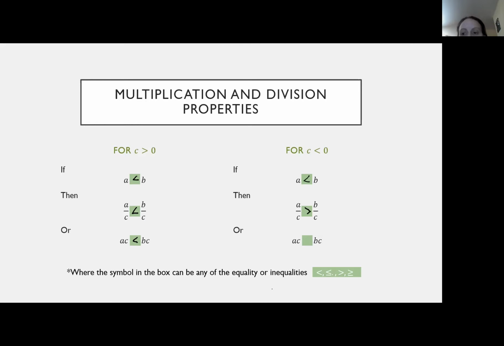And the same thing when you're multiplying both sides, it reverses direction, so it becomes a greater than. So you can multiply and divide both sides by a number, but you have to change the direction when it's a negative. That's the thing that's different when you're solving an inequality from solving an equation.